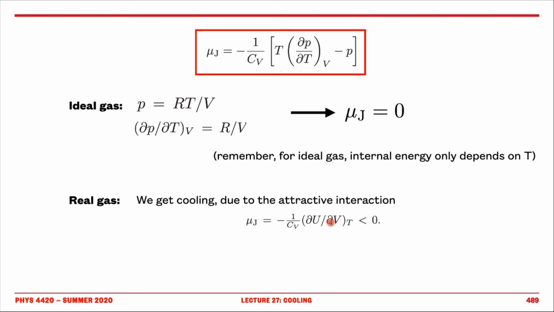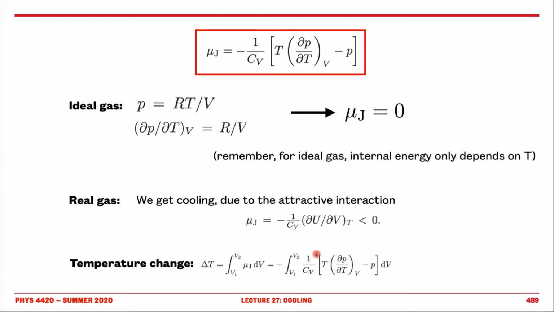So that means that the internal energy is going to go up. In other words, the system is less stable, so you have less attraction. So du over dv is a positive number, and therefore we see mu j is smaller than 0.